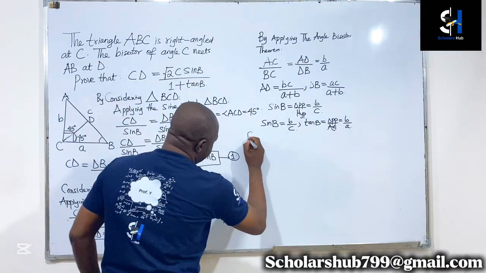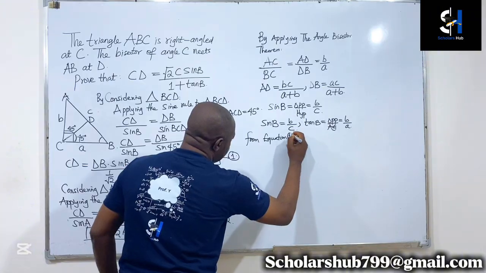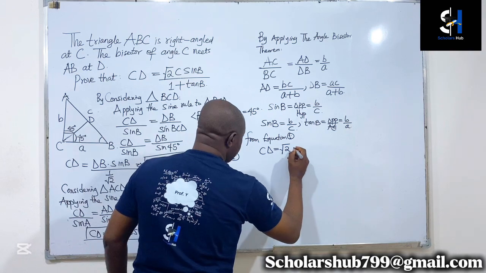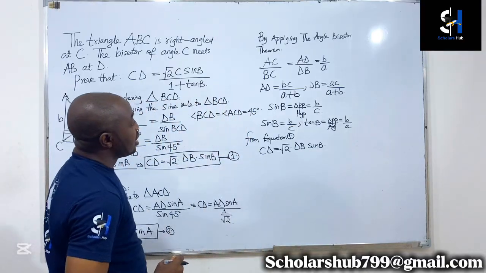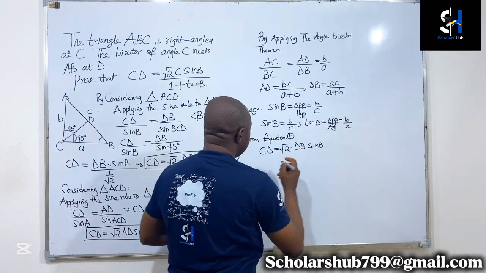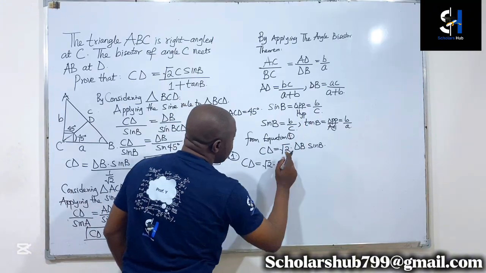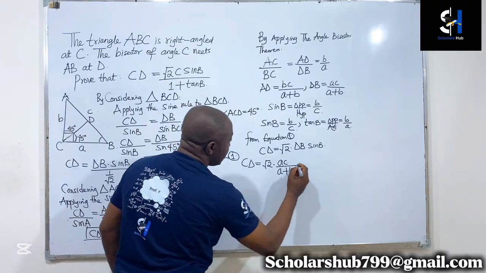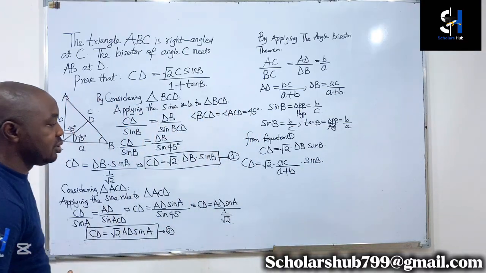From equation 1, we have that CD is equal to radical 2 multiplied by DB, then sine B. Now, we have here that DB is equal to AC divided by A plus B. So that means CD will be equal to radical 2 multiplied by DB, which is AC over A plus B, then multiplied by sine B. That makes sense.